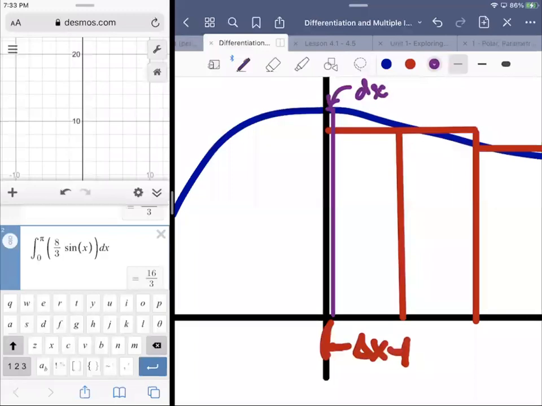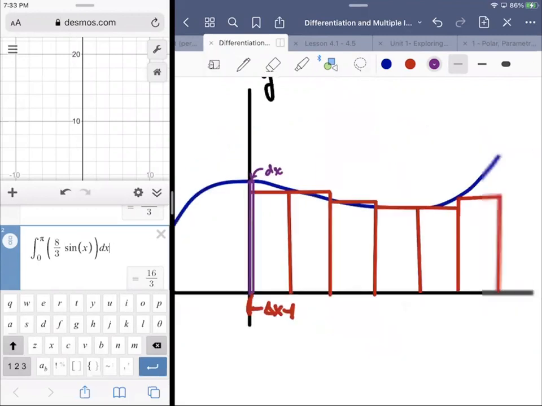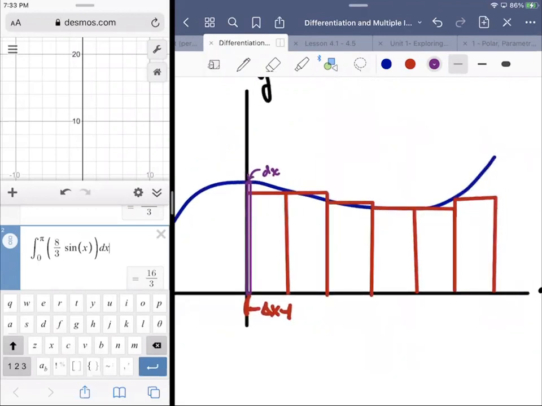All right, so that width for that rectangle is equal to dx, that infinitesimal width. So if I populated that interval from A to B with rectangles that have that teensy tiny width or thickness, then I'm going to cover more of the area.